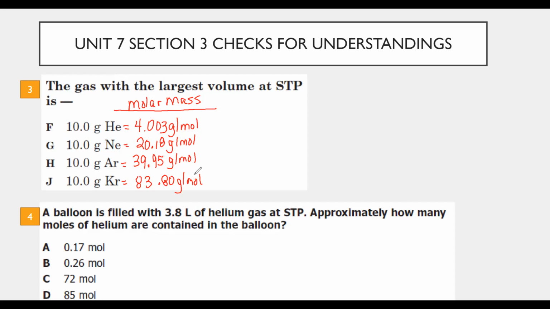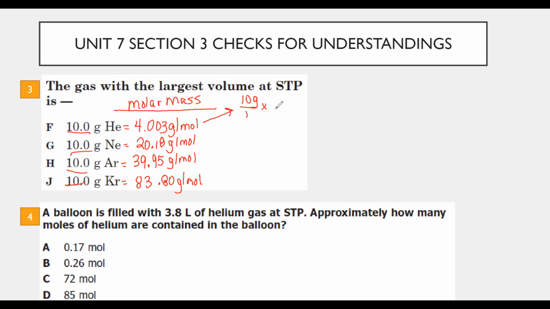So we have 10 grams of each one. So we got to convert each one of these to the number of moles, and then we've got to use the 22.4 liters to figure the volume. All right, so I'm going to try to do these right here. We know we have 10 grams. We got to start with the grams. So we're going to start with 10 grams on all of them.